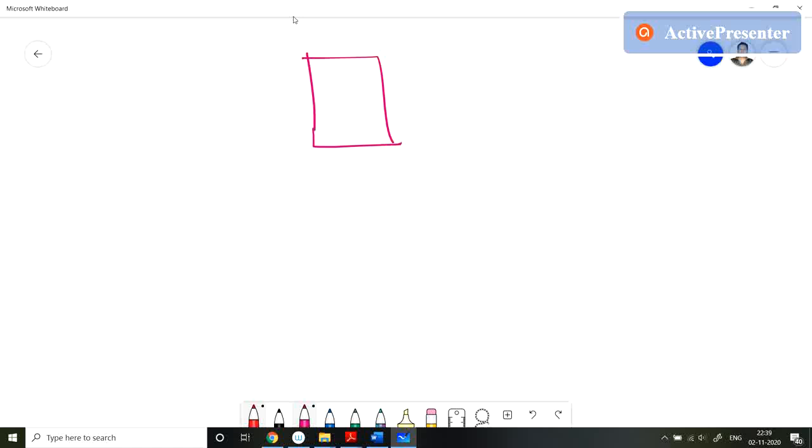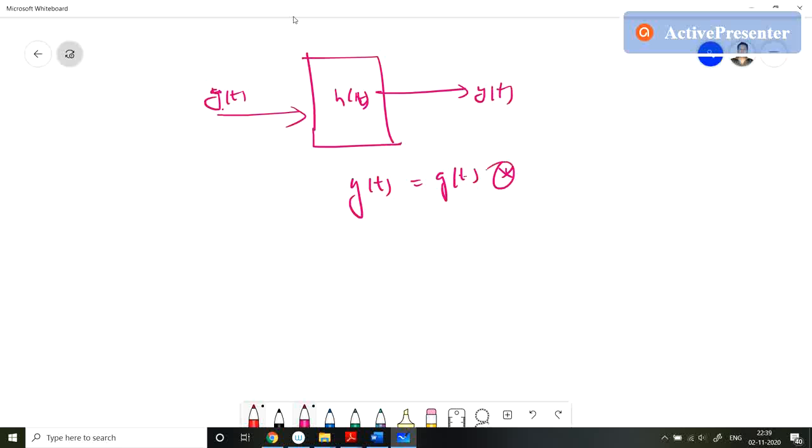So if we have a system with impulse response h(t), input g(t) and output y(t), then y(t) is equal to g(t) convolved with h(t). This is our definition of an LTI system.